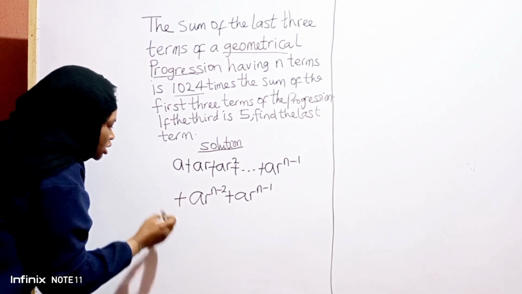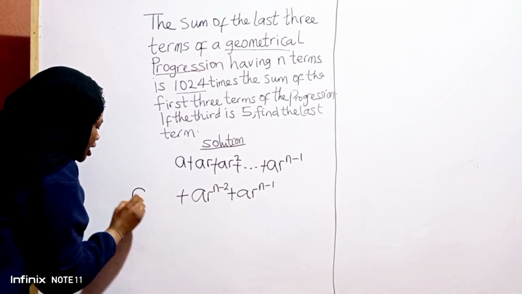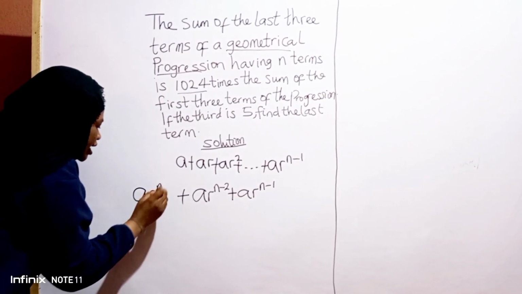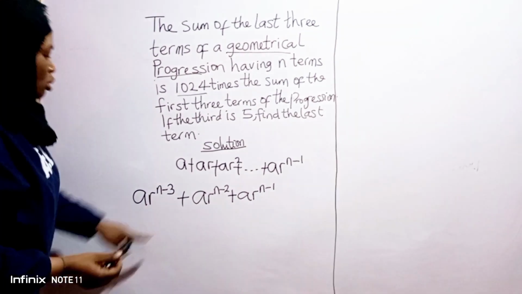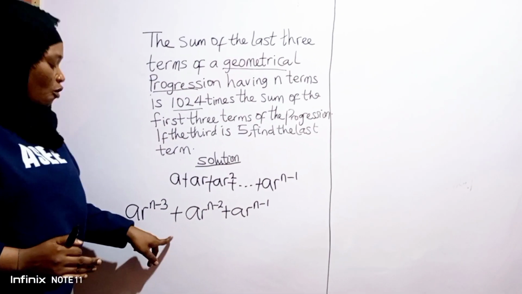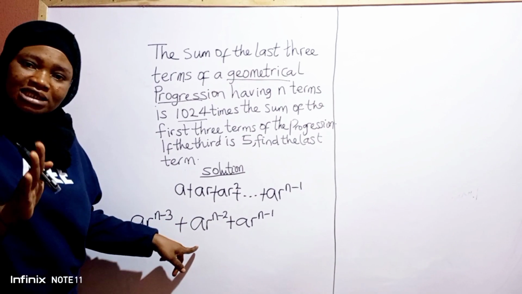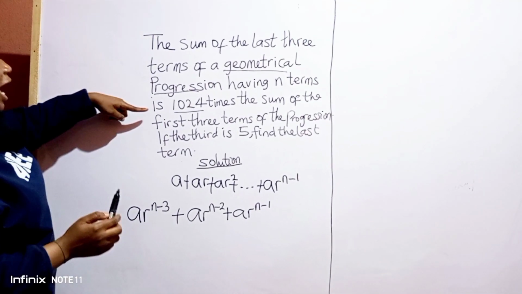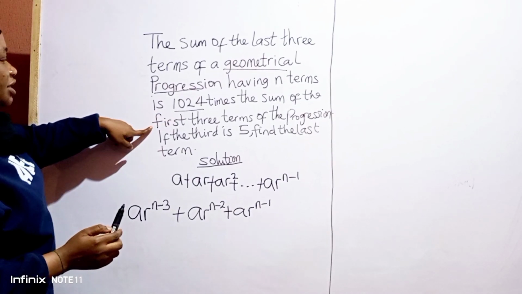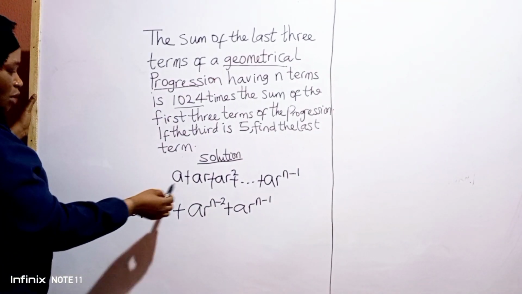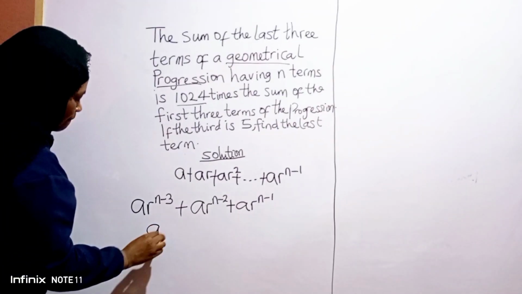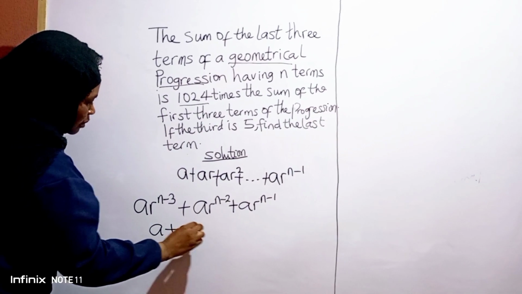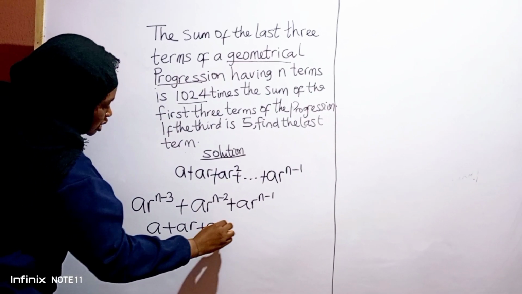Then plus the third to the last term, a r to the n minus 3. So this is the sum of the last three terms. Now let's add the sum of the first three terms also. The sum of the first three terms will be the first term plus the second term, then plus the third term.